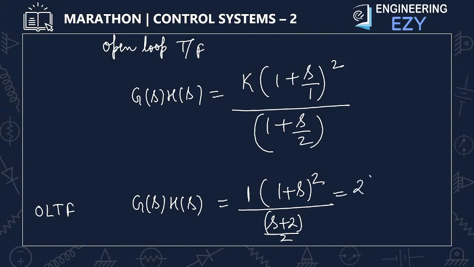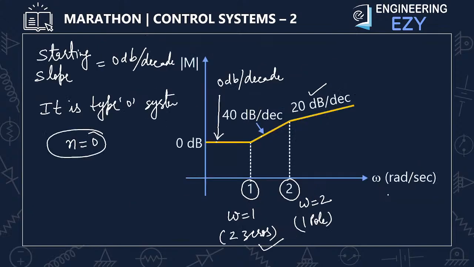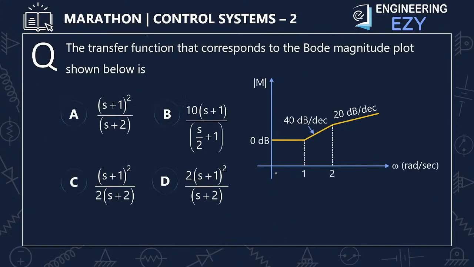So it can be written as 2 times (1 plus s) whole square upon (s plus 2). That is the correct answer. So the open loop transfer function of the given Bode plot is 2 times (s plus 1) whole square upon (s plus 2). D option is the correct answer.